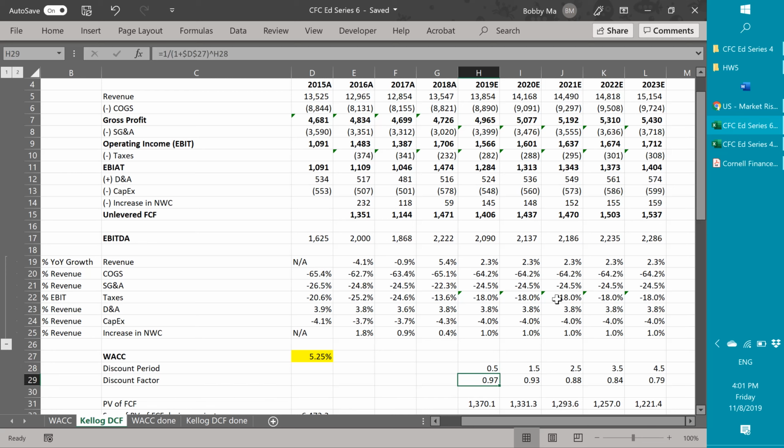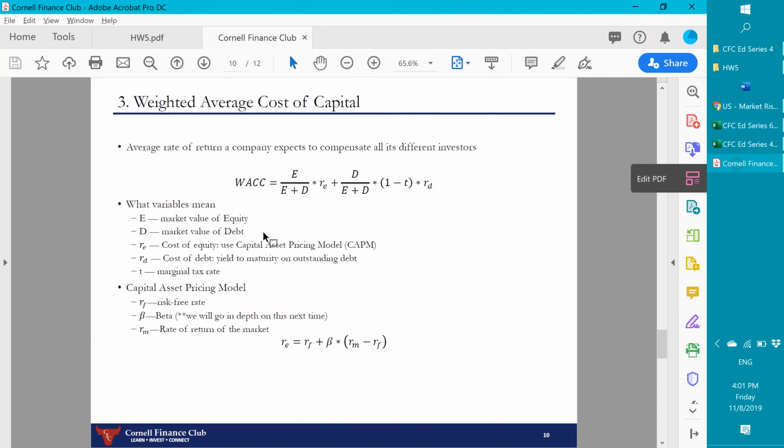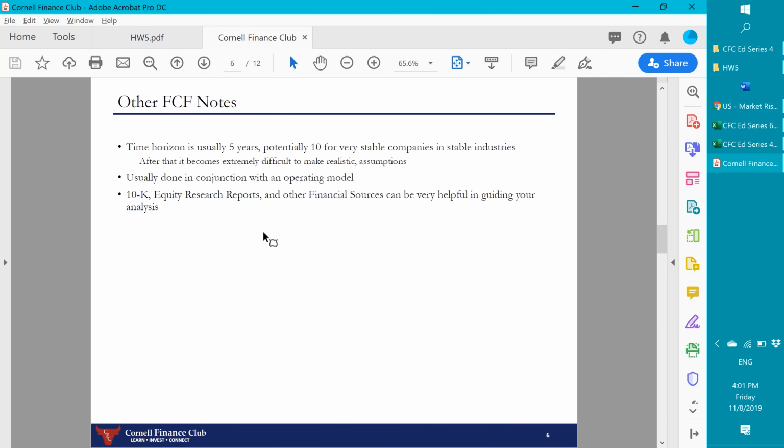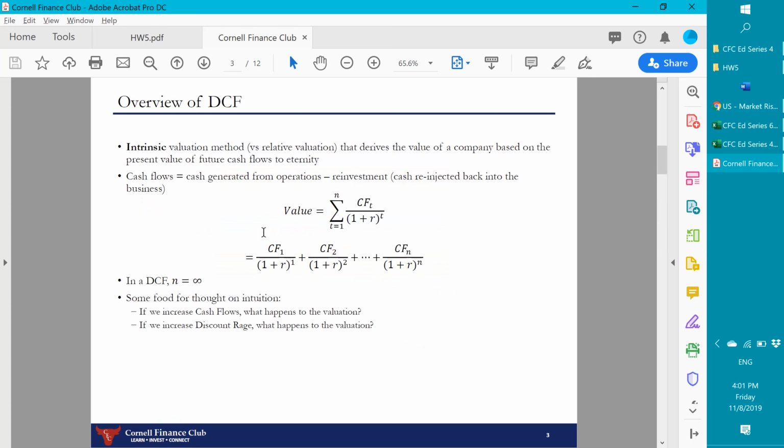And then for our discount factor, this is 1 divided by this to the power of this. So if you go to what we have earlier, this equation down here, we're basically calculating 1 over 1 plus r to the power of 1, 2, etc. So we already have our cash flow piece, so we're just trying to find the denominator.